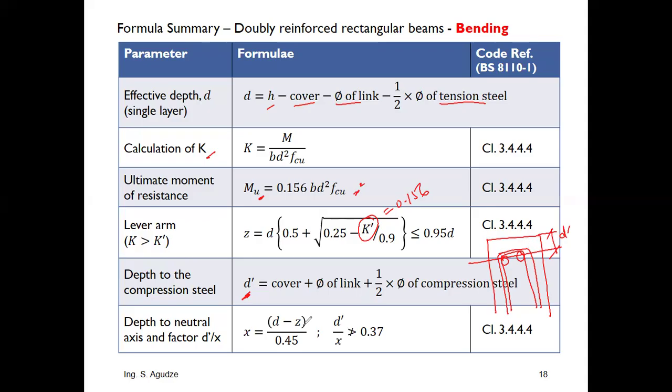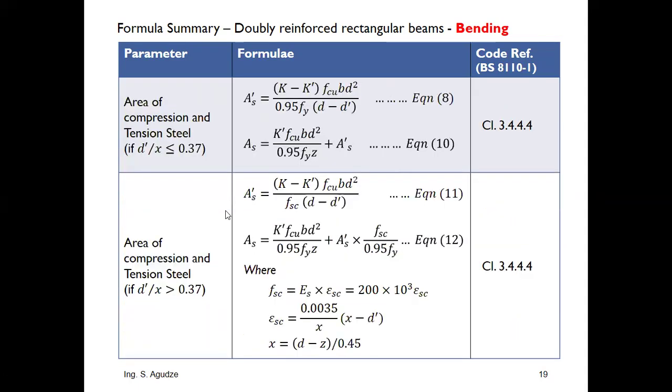As you remember, you need to calculate these two important parameters. You need to calculate the x and then calculate the d prime over x in order to ensure your section is under reinforced. Subsequently, if your d prime over x is less than or equal to 0.37, you use these two equations to calculate the area of compression steel and area of tension steel.